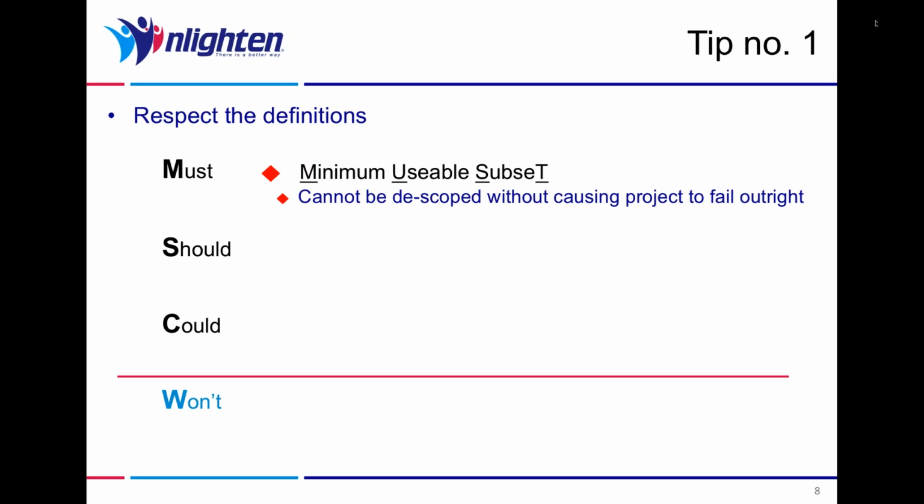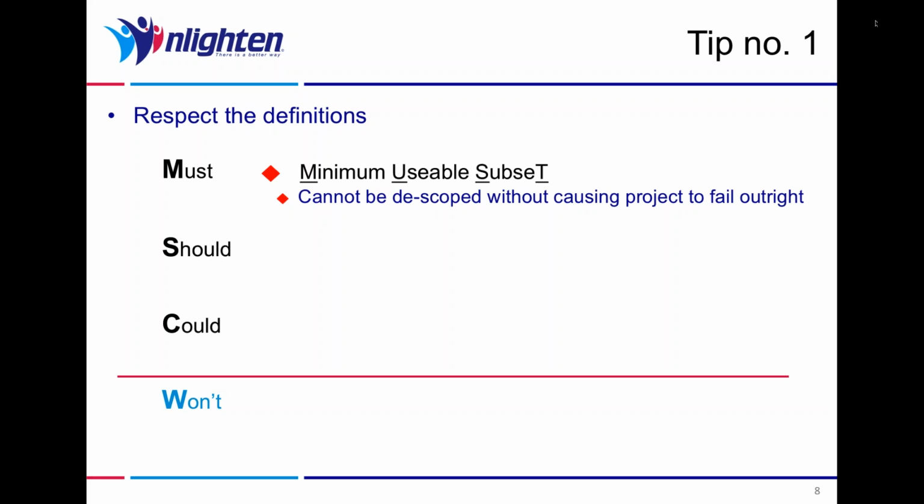So our must-have requirement should always be described as a requirement that cannot be descoped without causing the project to fail outright. So it's not about the things we really, really want. It's about the things that if that single requirement wasn't met, the whole project would fail. That is the one and only definition of a must-have requirement.